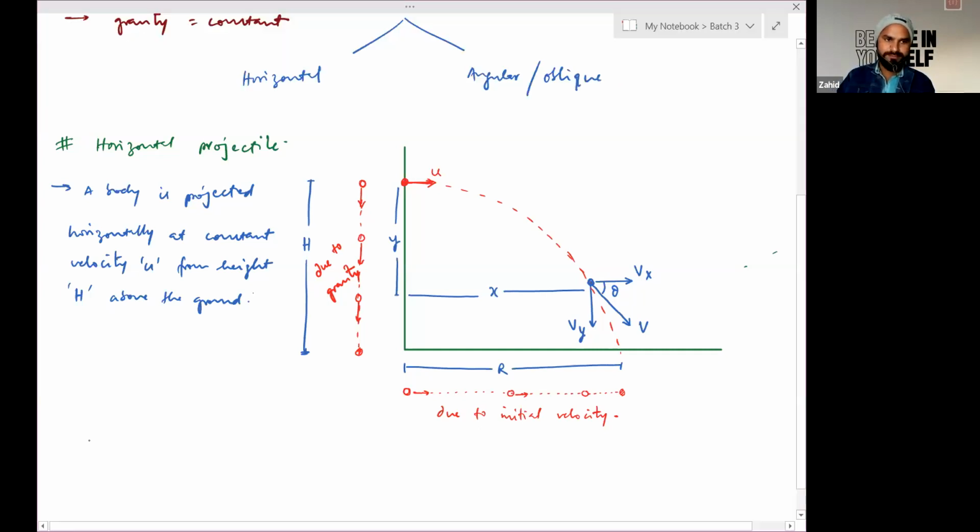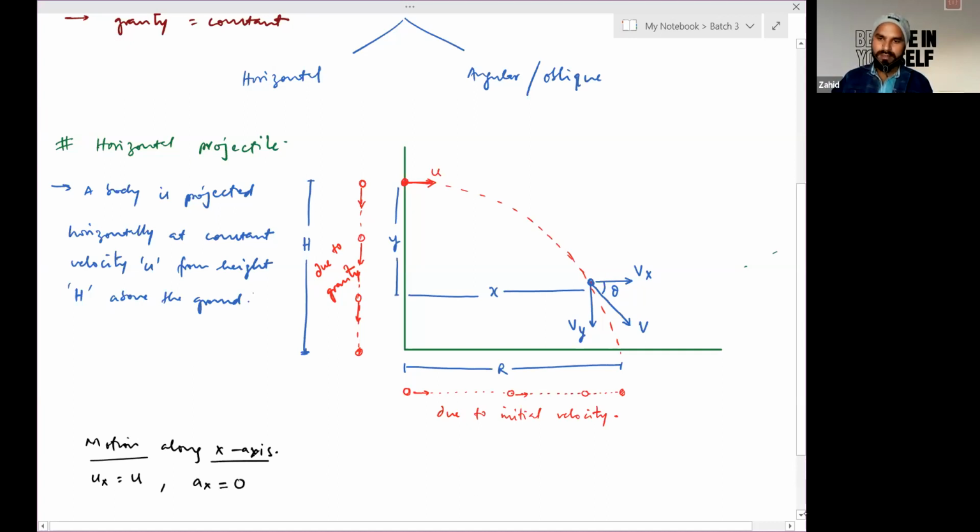First is motion along x-axis. We have initial velocity along x-axis as u, and since it is constant, acceleration along x-axis will be 0.